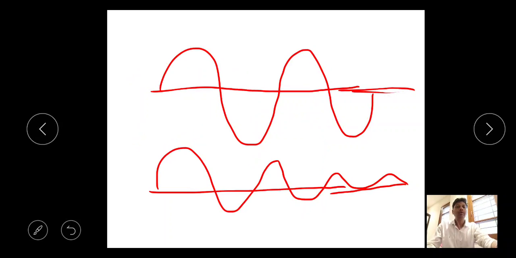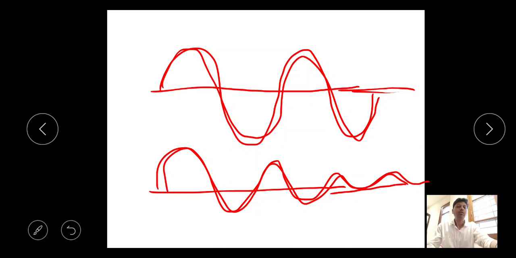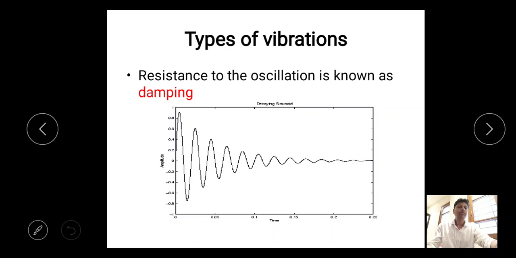To reduce the vibration. If you are not using a damper, the vibration will be like this; if you are using a damper, the vibration will go on reducing. So what is a damper or damping? It is resistance to the oscillation. It produces a resistance to the oscillation, so the vibration will go on reducing.